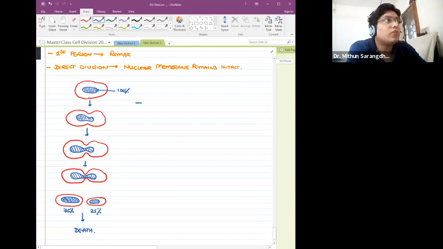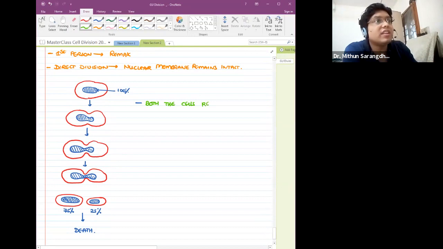So guys, a few things that you need to remember always over here: both the cells receive unequal amounts of DNA.